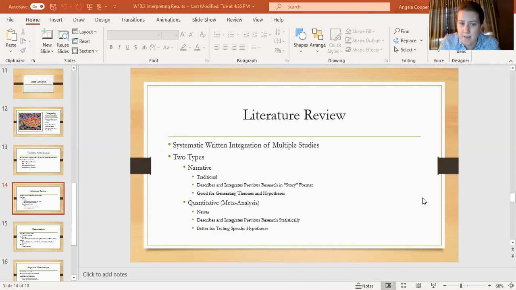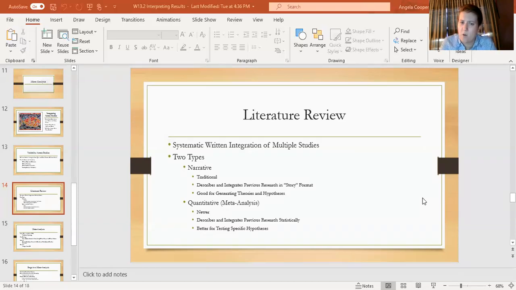With meta-analysis, this is a more quantitative view of a literature review. It's certainly newer. It's not something that's been around for generations on end. Instead of describing it like a story, like, oh, so-and-so did this, this, and this for their study. Next paragraph, so-and-so did this, this, and this, and they found this.